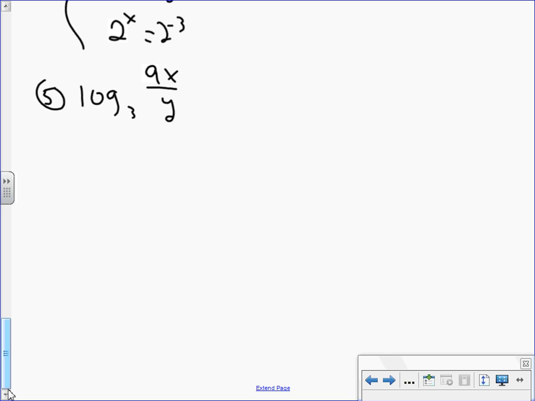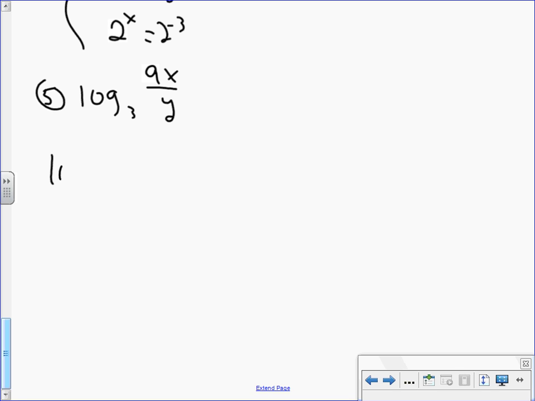Log base 3 of 9x over y. Does everybody see a product and a quotient? Yes? Okay, so we're going to break this up into, we're going to keep the top together and we're going to keep the bottom together.